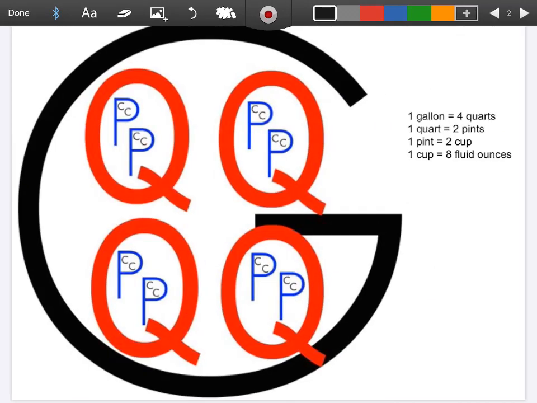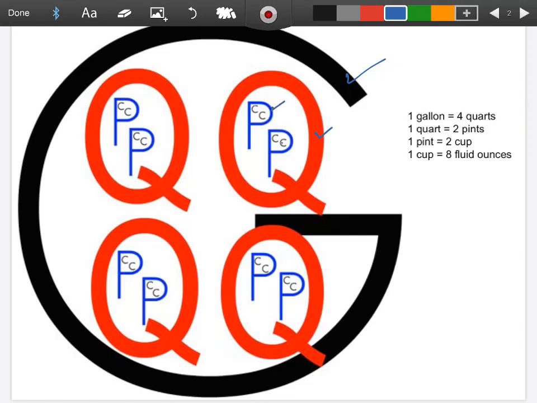It is called the big G. And what the big G is, is a visual representation of all of your conversion factors for capacity. So if you notice the giant G here, this big G represents gallons. The Q represents quarts. The P represents pints.